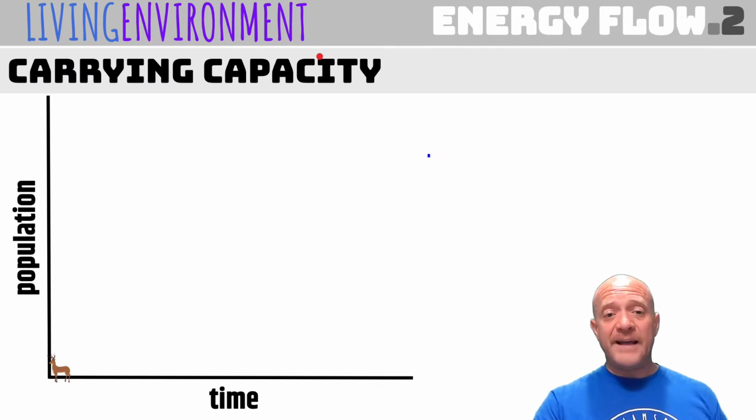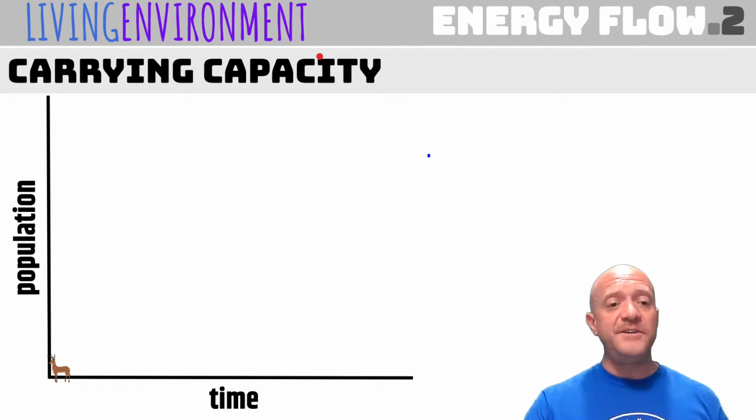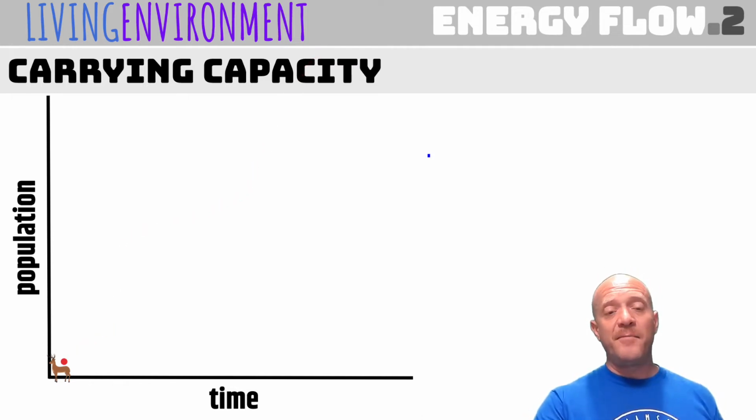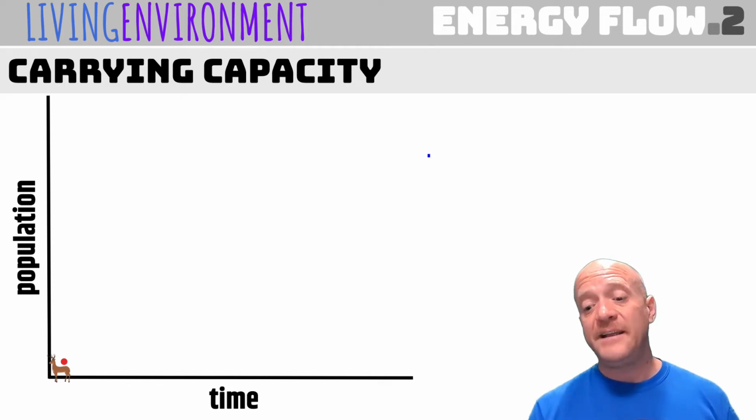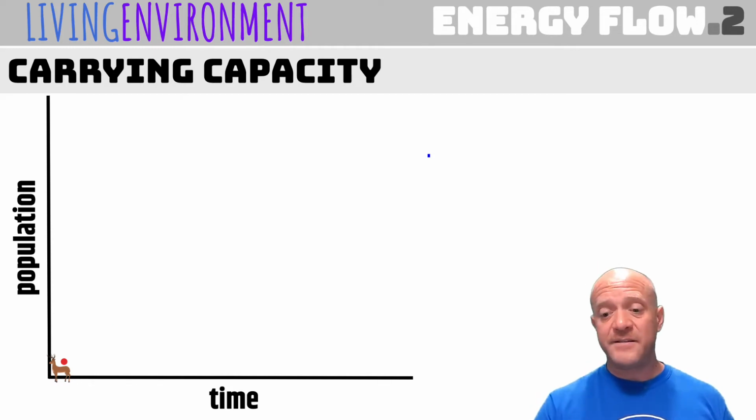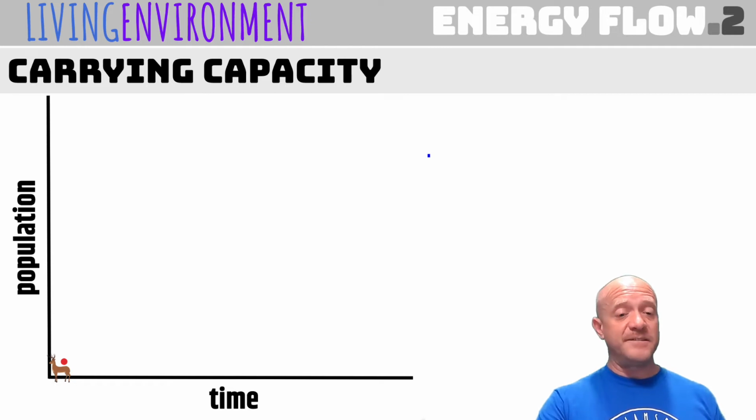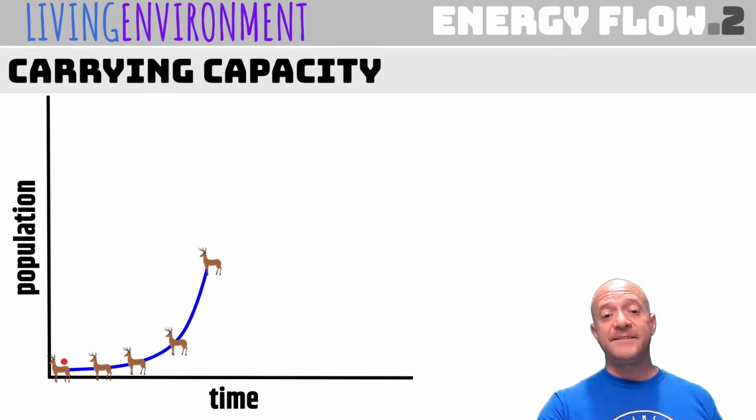Now, the carrying capacity is something that you may have heard before, but I'm going to use an example of deer populations over time. Deer, remember, are herbivores, so they're going to eat plants that are found in a forest or nearby a forest in a field. And over time, what happens is the deer population increases, and then it starts increasing exponentially.